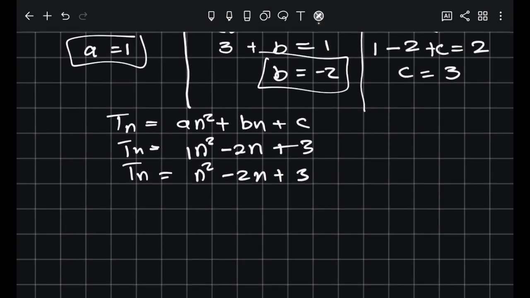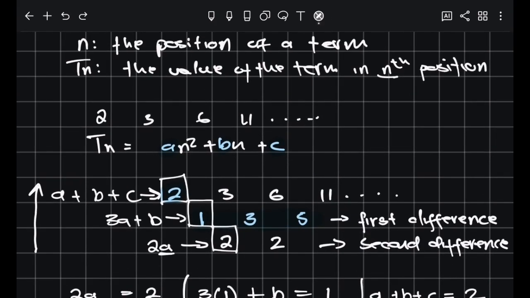Now, this equation right here is the golden equation for you to find any value in this sequence that we were given, this sequence 2, 3, 6, and 11. We can find any value in this sequence.